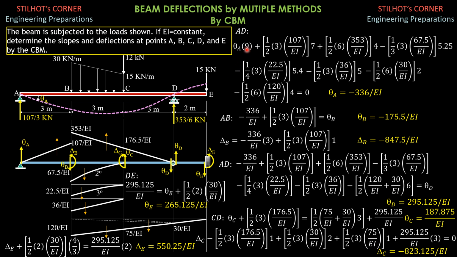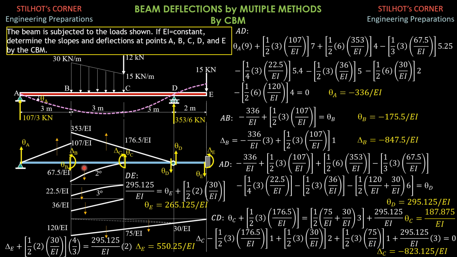So this is the equation, theta A times 9 plus 1/2, 3 times 107, this is 1 plus 6, so 7, plus 1/2 of 6 times 353, 2/3 of 6 is 4, so 1/2 6, 353 over EI times 4, minus the moment of this second degree area, so 1/3 of 3 times 67.5.